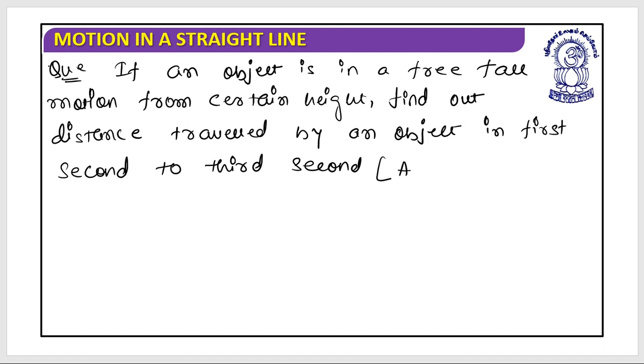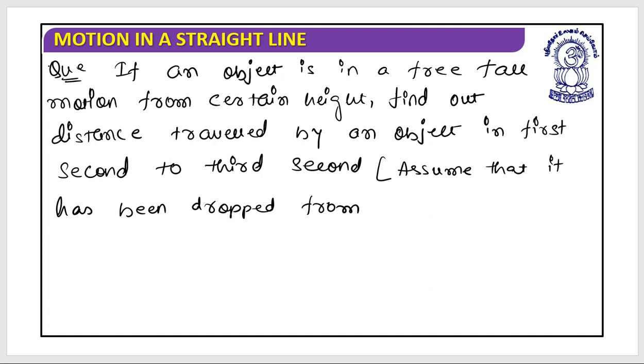One more thing, assume that it has been dropped from height h. This is all they have provided, and I can take g equals 10 meter per second square. So look at the data.